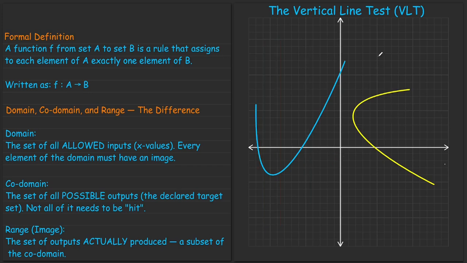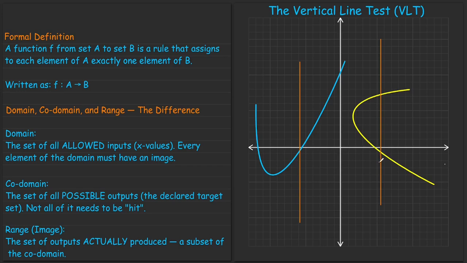But for this one, if I'm to draw a vertical line, it touches at least two places on the curve. That is to say that for this first one, the x value corresponds to just one y value. And that is a one-to-one function. You get it?